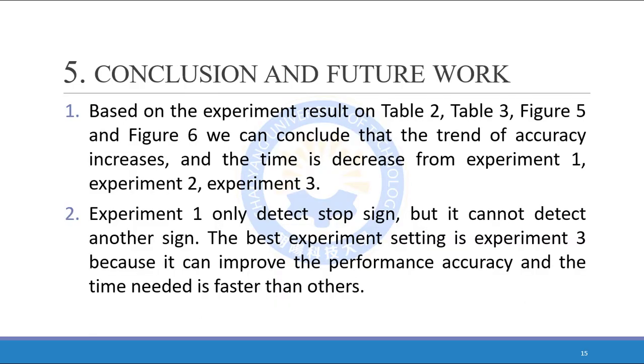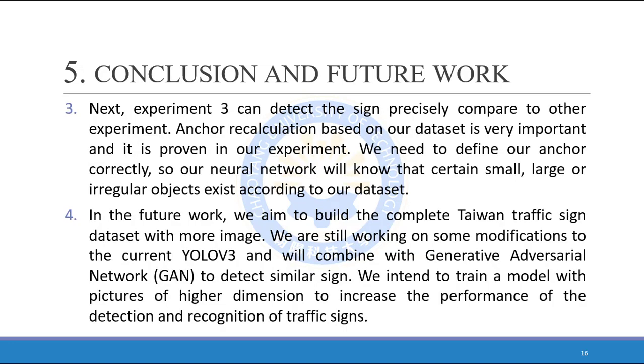Based on the experiment results in Table 2, Table 3, Figure 5, and Figure 6, we can conclude that the trend is that accuracy increases and time decreases from experiment 1 to experiment 2 to experiment 3. Experiment 1 can only detect the stop sign, but it cannot detect another sign. The best experiment setting is experiment 3 because it improves the accuracy and the time needed is faster than the others.